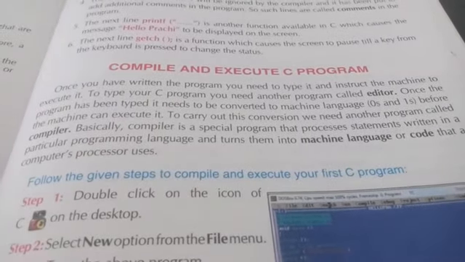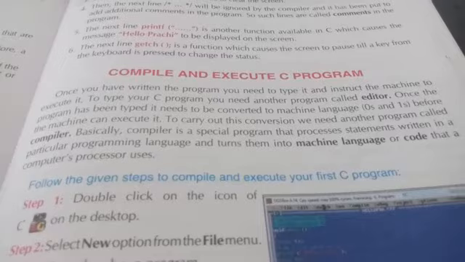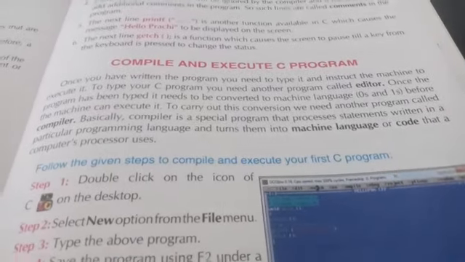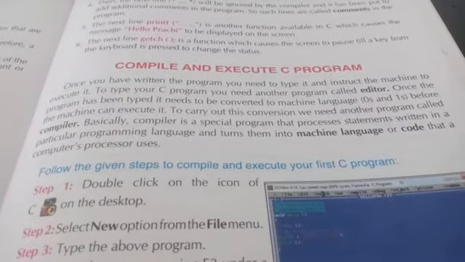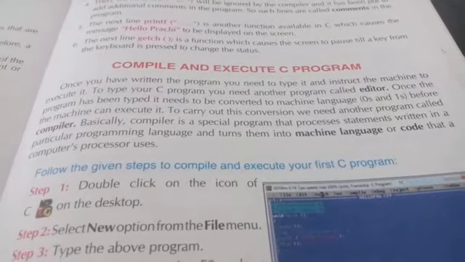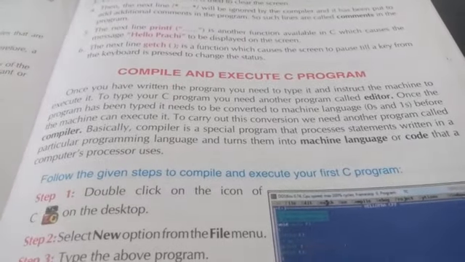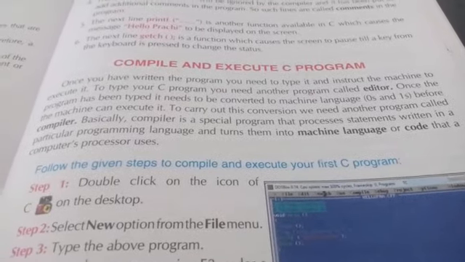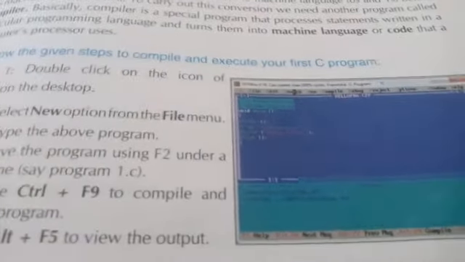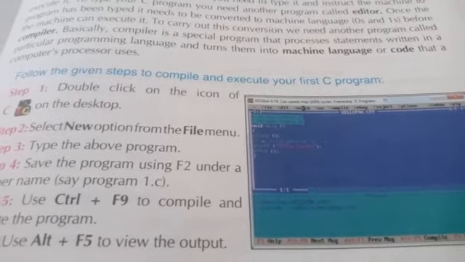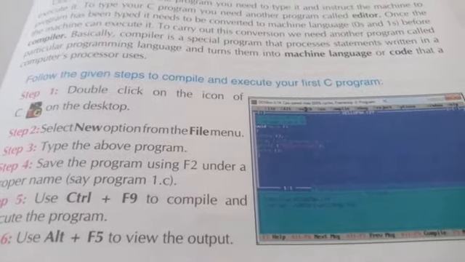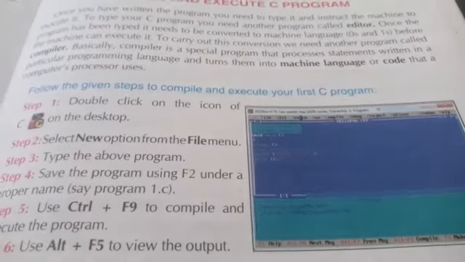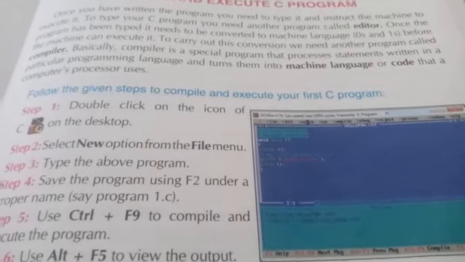Basically, a compiler is a special program that processes statements written in a particular programming language and turns them into machine language or code that a computer's processor uses. Okay, so you can see here this is the editor for C programming. Follow the given steps to compile and execute your first C program.